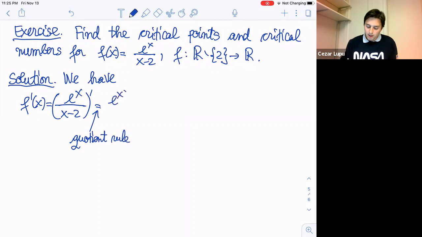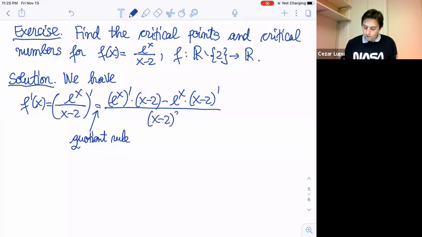This will give us e to the x prime times x minus 2 minus e to the x times x minus 2 prime, everything over x minus 2 squared.